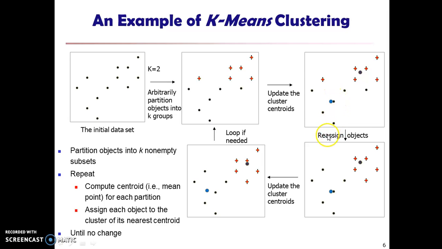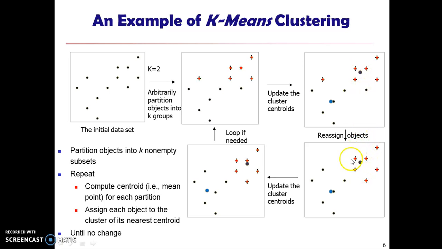Now reassign objects. With this centroid, what are the objects around available that can be moved into this group, and to this centroid, if there are any data points available around, they can be moved towards this centroid.